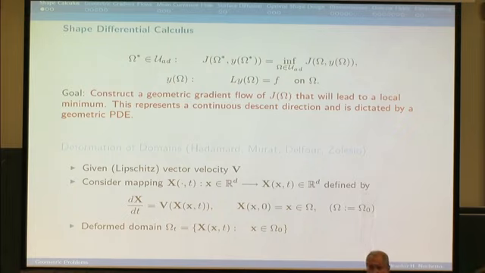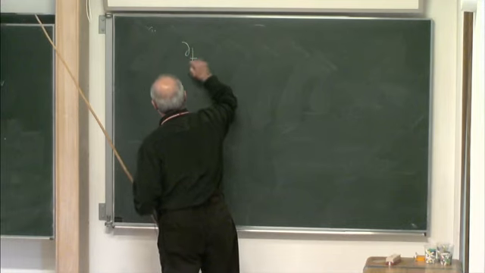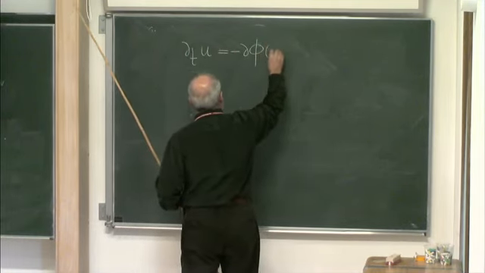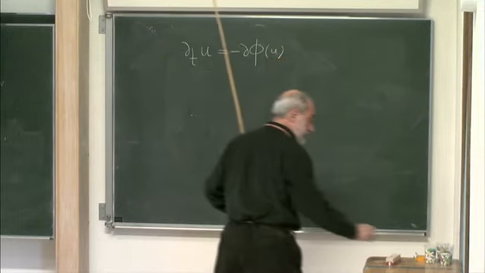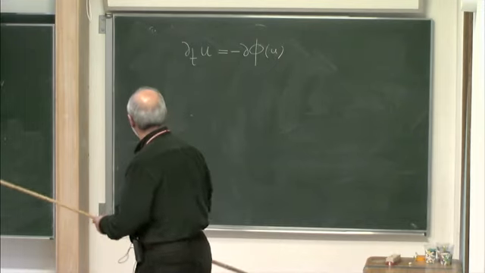In order to do that, if you remember the previous lecture that I gave today, the gradient flow basically is an equation of the form: derivative in time of a certain function is minus the gradient of a functional, perhaps the sub-differential in case the functional is not differentiable.